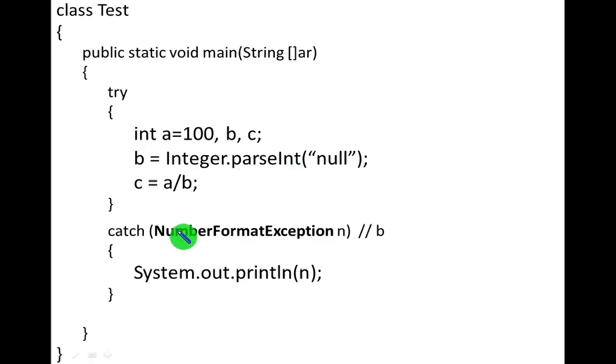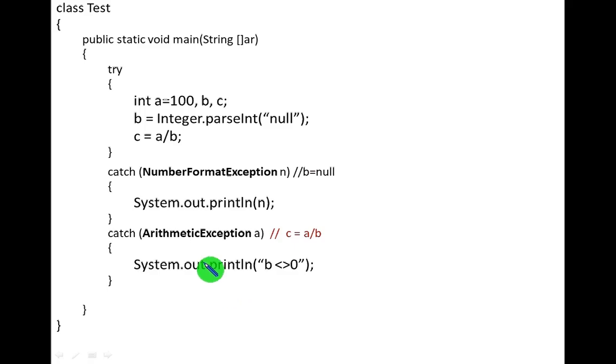Inside the catch block, we can give our own messages or simply the message raised by this NumberFormatException class. Next, we are using one more catch block. Here we are handling this ArithmeticException for this statement, c = a divided by b.